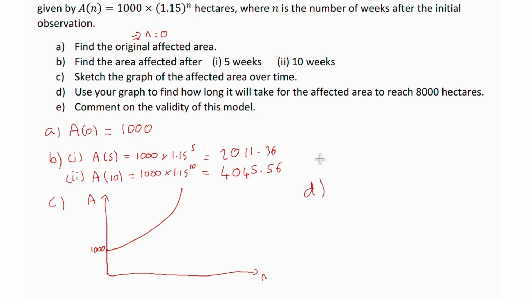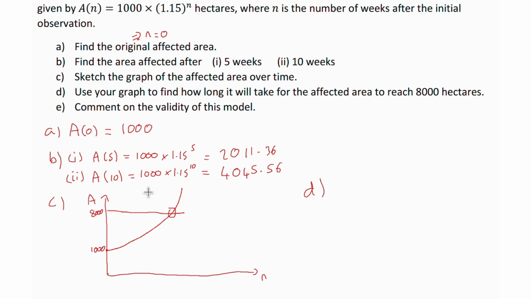Part D, use your graph to find how long it will take to reach 8,000 hectares. So for this, we're looking for that point there, where that is 8,000, the point of intersection. We're definitely going to want to do this on our calculator. So we're going to draw the graph of 1,000 times 1.15 to the power of x.